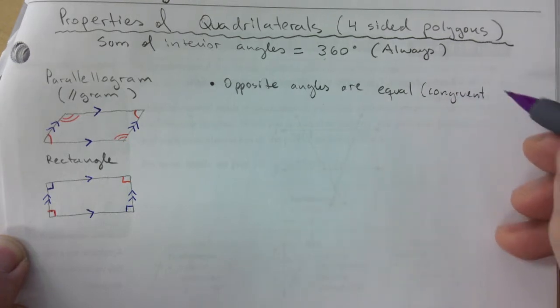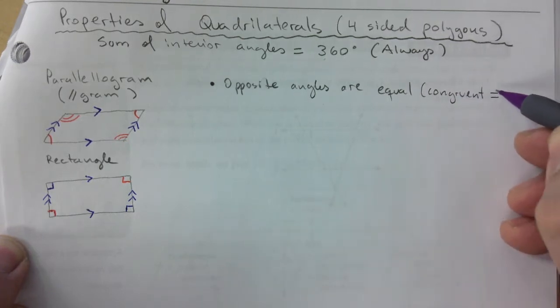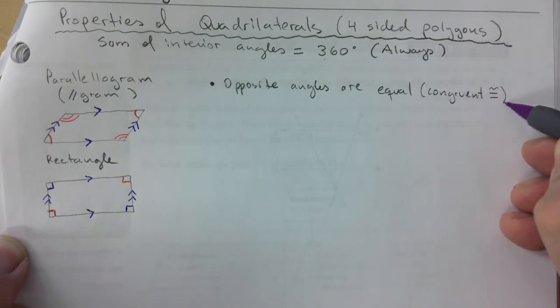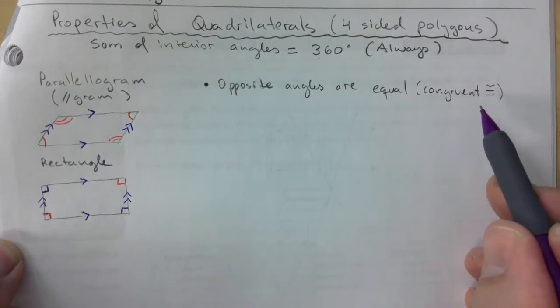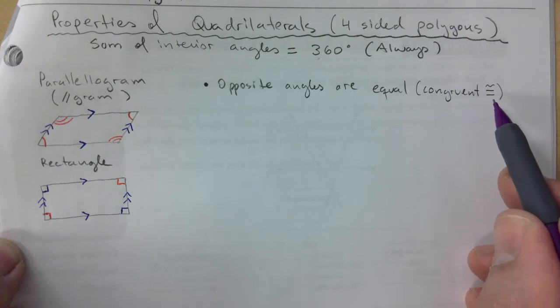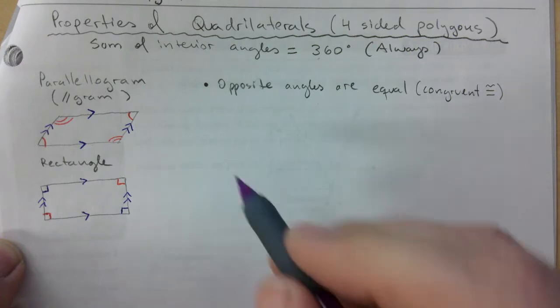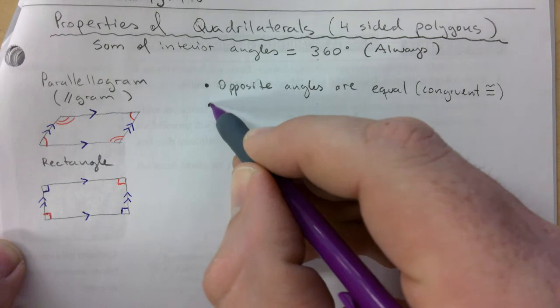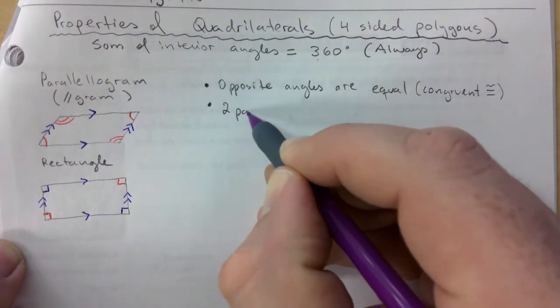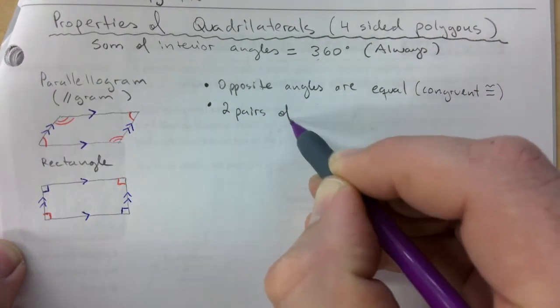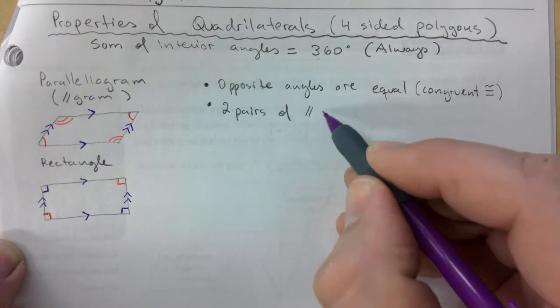Congruent is a fancy word for equal, and it's this symbol. It's an equal sign with a squiggly line on top. That's the symbol for things being the same. And you can say that they have two pairs of parallel sides.